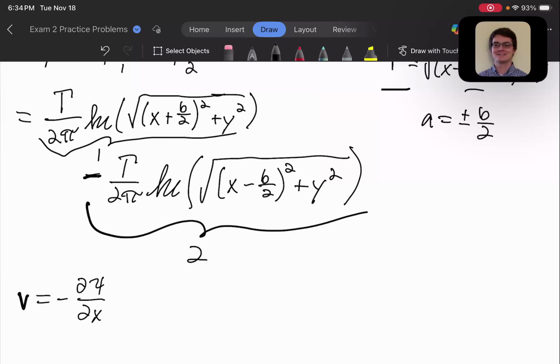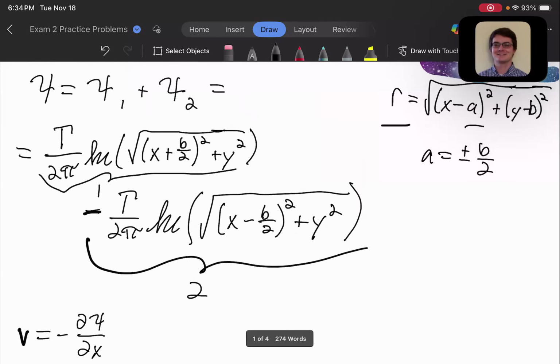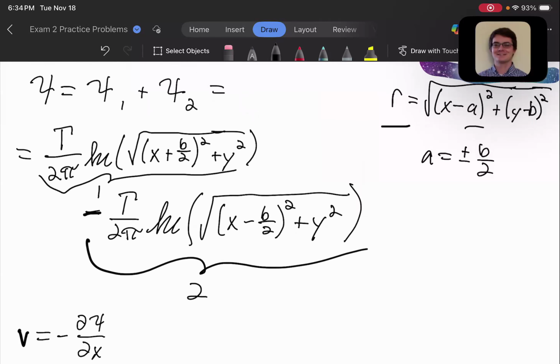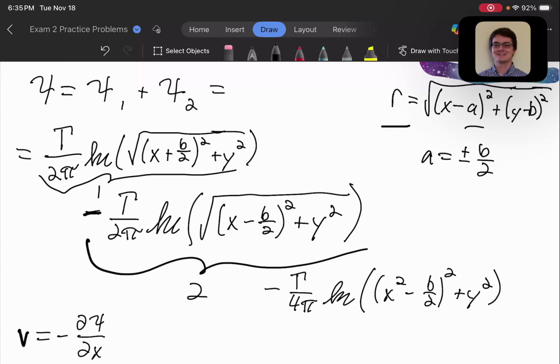It'd be easier for us to take the derivative in polar coordinates and then convert it afterwards. Well, one trick you can do is for this term, say we're looking at term 2, this negative gamma over 4 pi ln of x minus b over 2 squared plus y squared. Since it's natural log, we can take the exponent out, and that makes it a little bit easier.